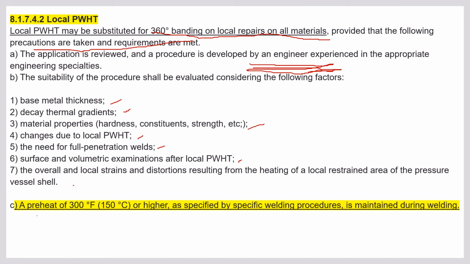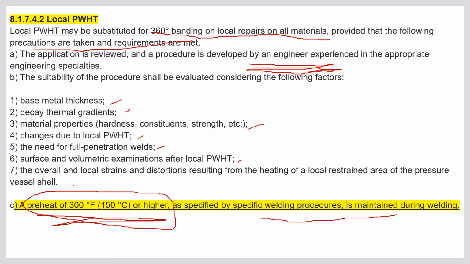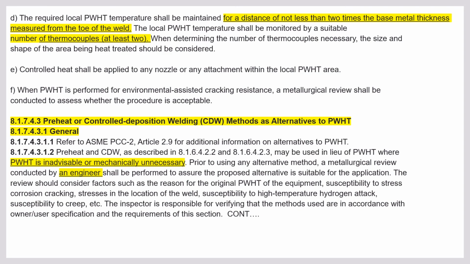Wherever I find this question, it is very important. Okay, a preheat of 300 Fahrenheit or 150 centigrade or higher, as specified in the specific welding procedure, is maintained during welding. This is required. If this is maintained, then we can avoid the PWHT. Okay, this question usually comes in the exam.